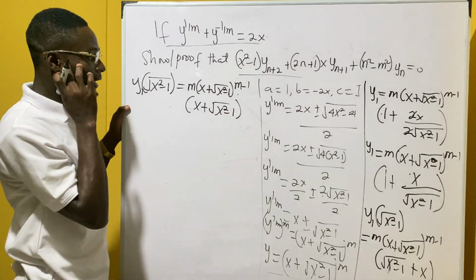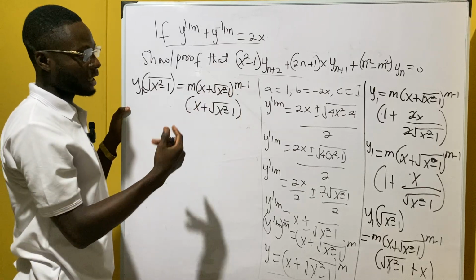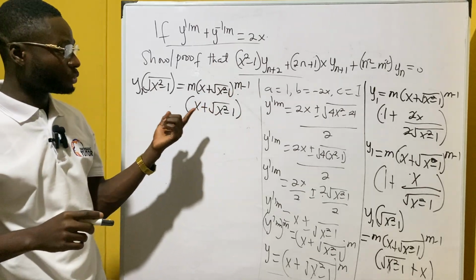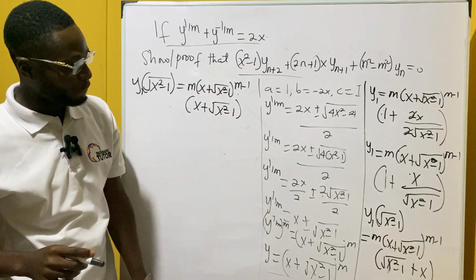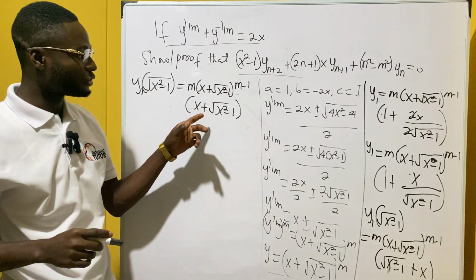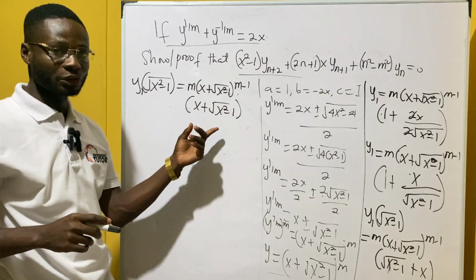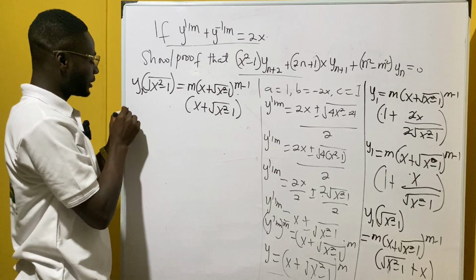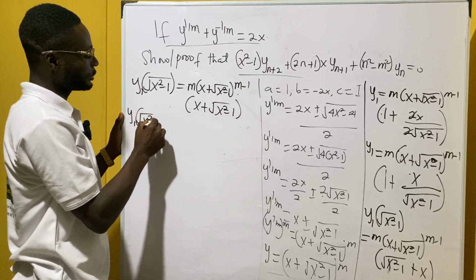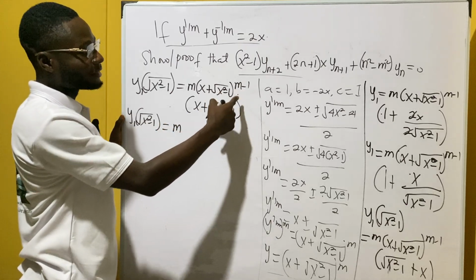Right, so this right here we can break down so that we can have something to substitute, because we have to substitute y into this. So we have to manipulate this to get y to substitute. So y prime into square root of x squared minus 1 is equal to, we know that m minus 1 is this.